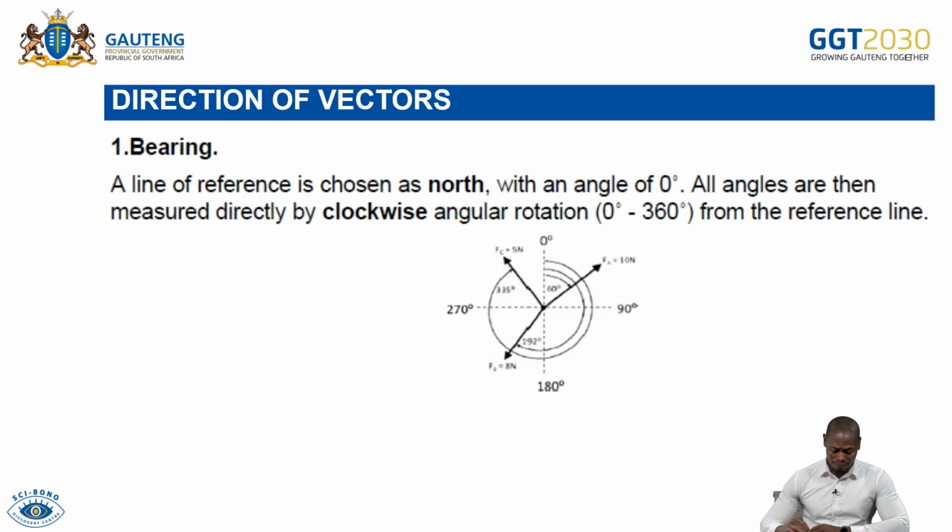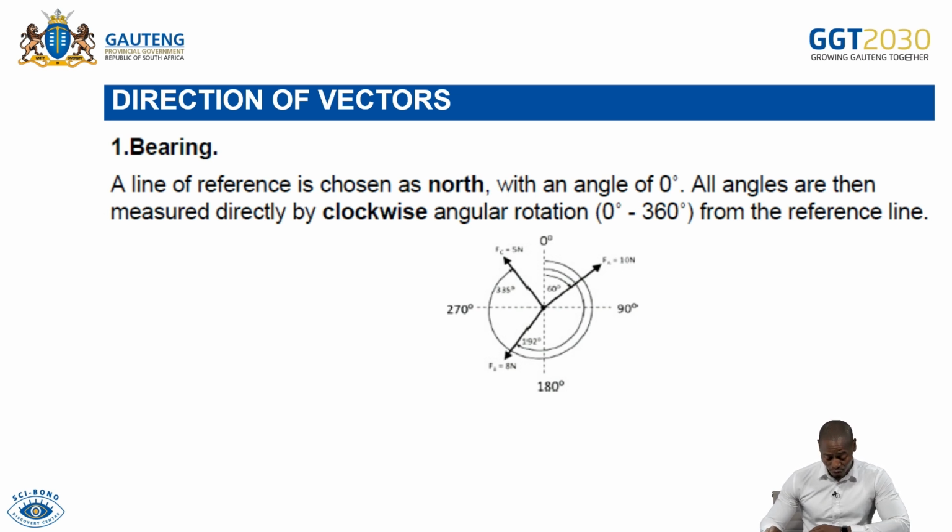One of those ways is the bearing. Let's start with this one. It's very important when it comes to giving the direction of our vectors. Remember, a vector has both magnitude and direction, and there are different ways in which we can give the direction of a vector.